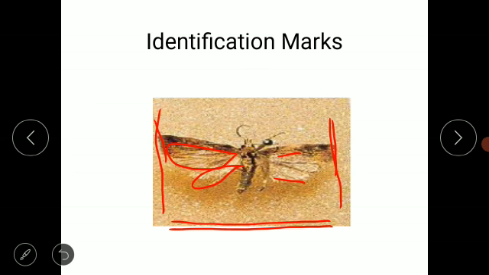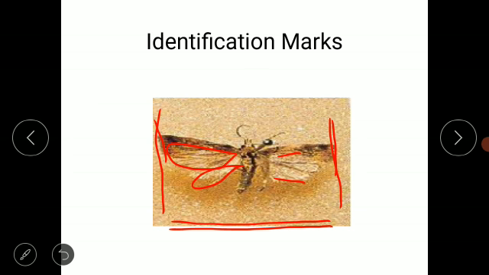Now the caterpillar or larva of this moth is white in color with a dark brown head, and the head of the caterpillar bears a specific type of mouth part, which we call the mandibulate type of mouth part. The mandibulate mouth parts are helpful for biting and chewing.